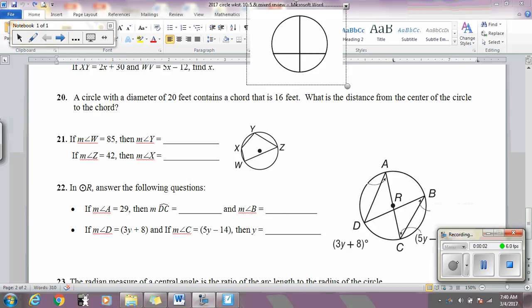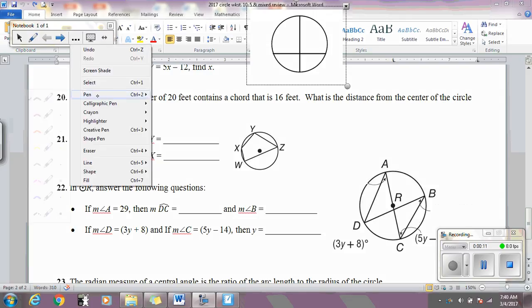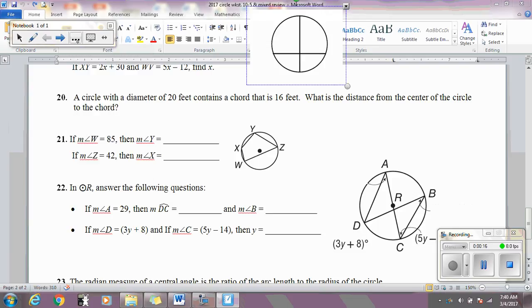All right, on number 20, we have a circle with a diameter of 20 feet and it contains a chord that is 16 feet. So I have drawn a circle. I just need to prove that it's a diameter by showing that it goes to the center.